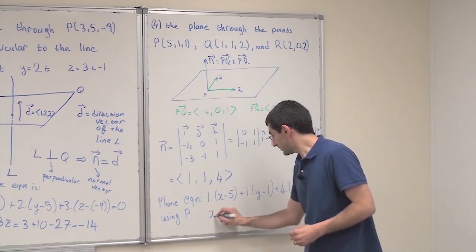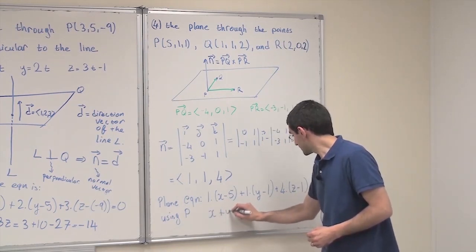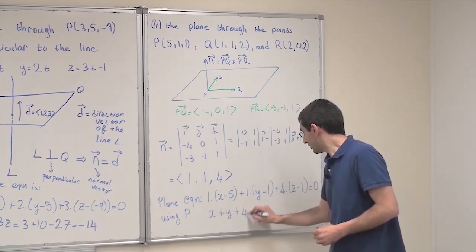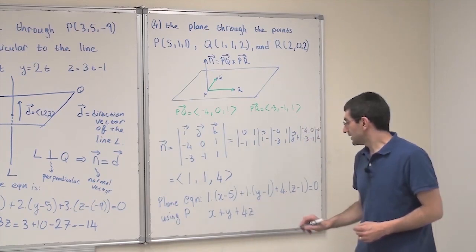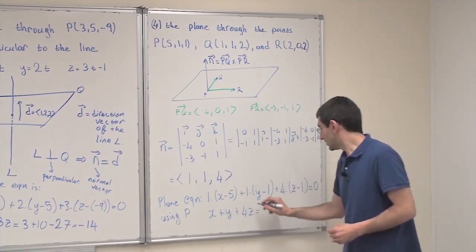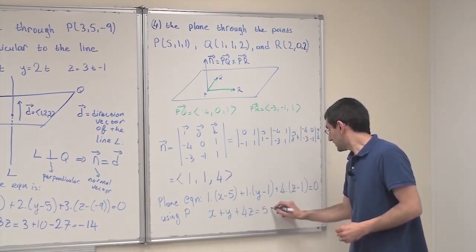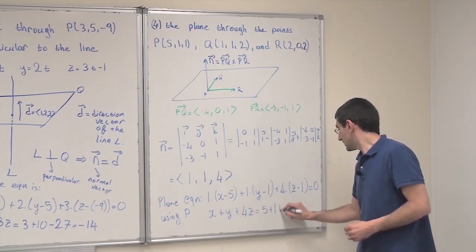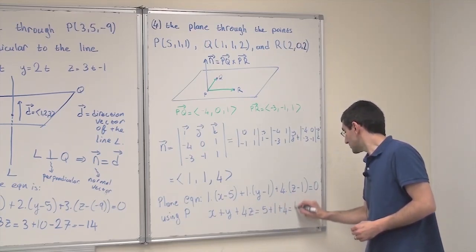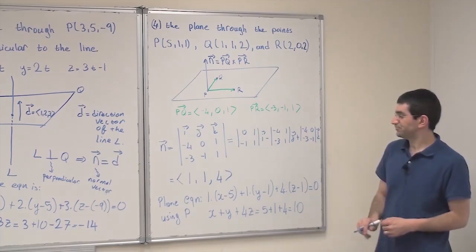And if I simplify this, x plus y plus 4z is equal to 5 plus 1 plus 4, which is 10.